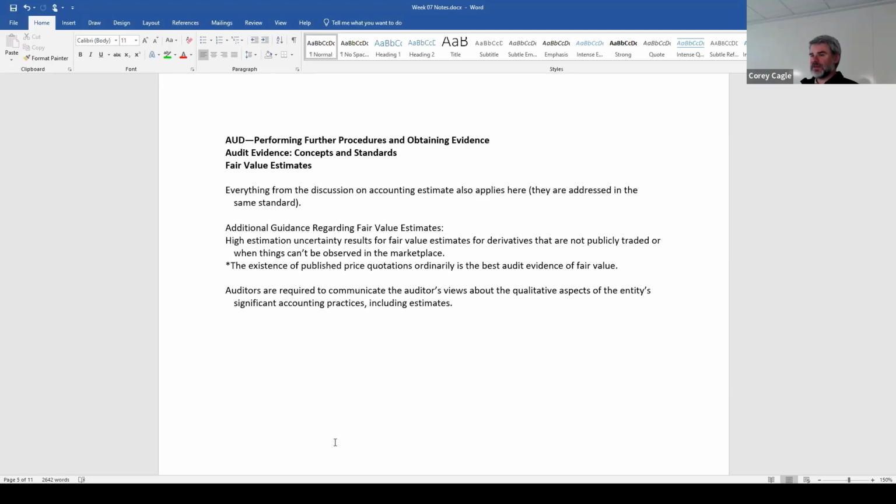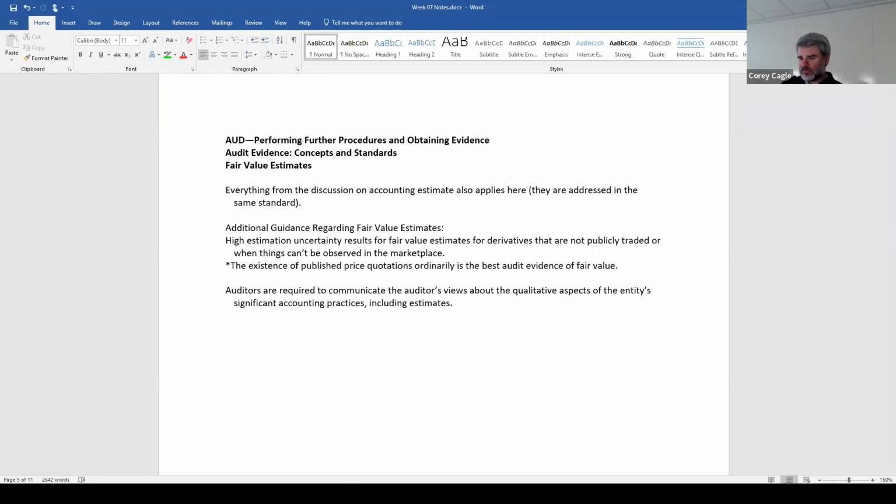That's a really obvious statement. So published price quotations would be the best audit evidence of fair value. Nothing much to add here, and no questions really to look at.